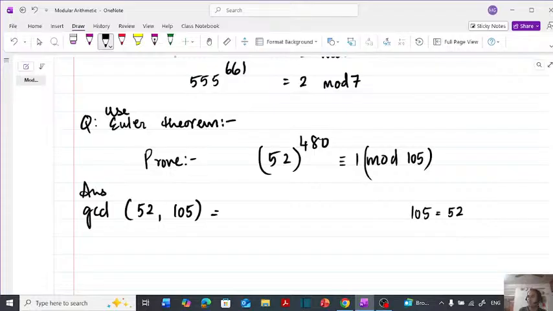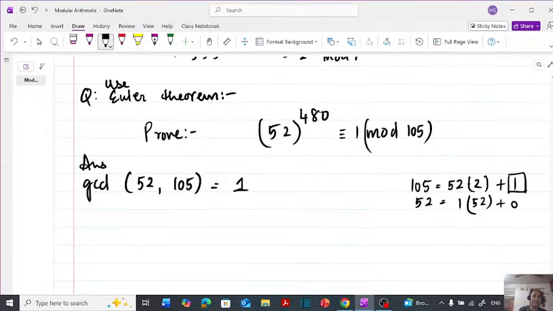So 52 into 2, oh, you land up on 1. That's over. So there's no need to calculate further, and you have your answer coming as 1. GCD is 1. Okay, because if you have the next one, 52 and 1 over here, it's going to be just 52 times and then the 0 over here, so this one is your GCD. So you have 52 and 105 GCD as 1.